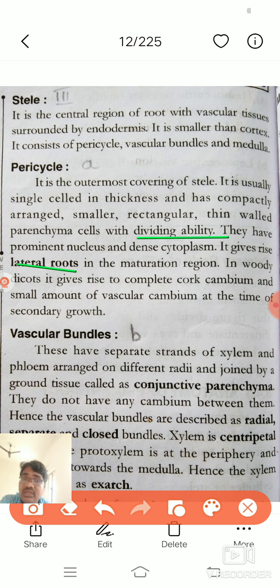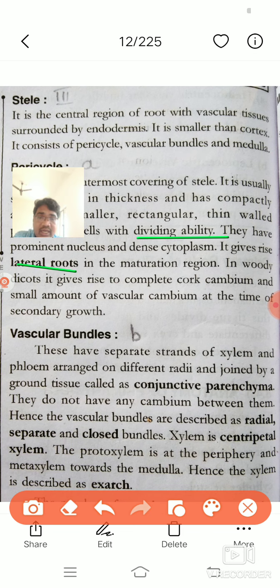In the endodermis, the cells have Casparian thickenings, and here the pericycle gives rise to lateral roots in the maturation region. In woody dicots, it gives rise to the complete cork cambium and a small amount of vascular cambium at the time of secondary growth.